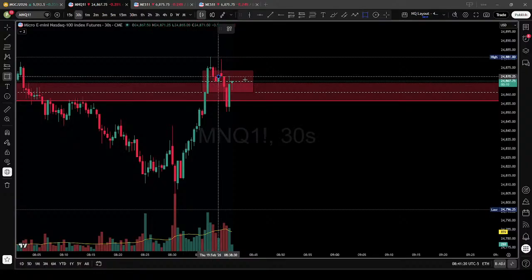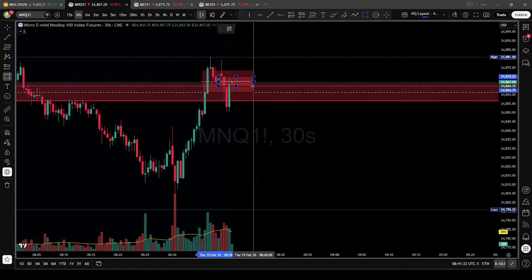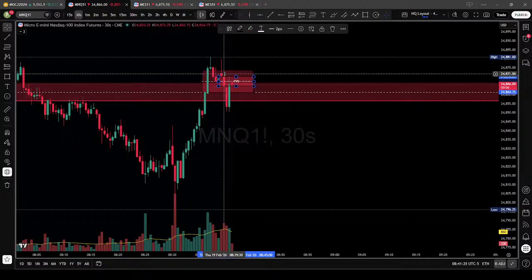Same trade that we took there. There's this bearish fair value gap here, the fair value gap here.